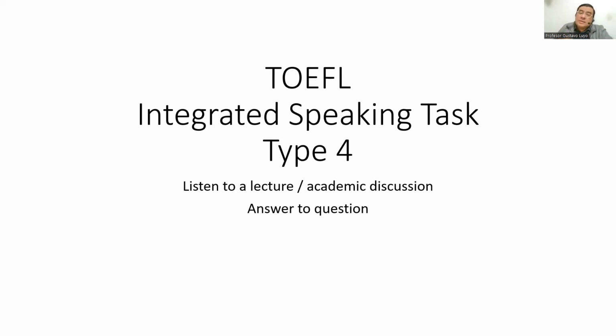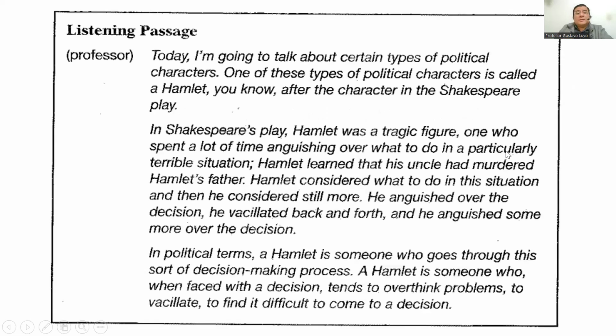So the content is something you can already expect to be about the humanities, it could be about science, it could be the arts, etc. Let's see an example of such content. In this example, we'll read the transcript of a lecture. Okay, so let's do it together.